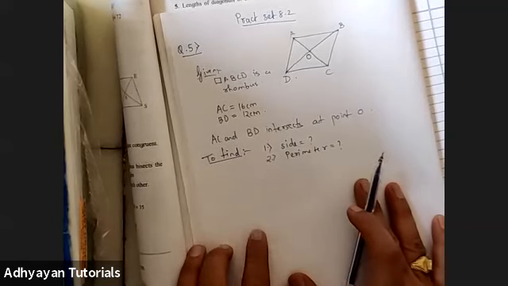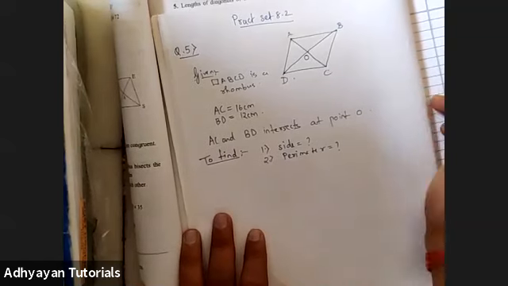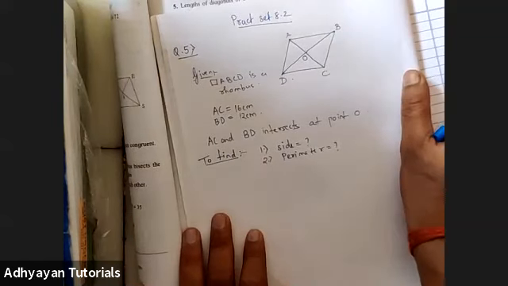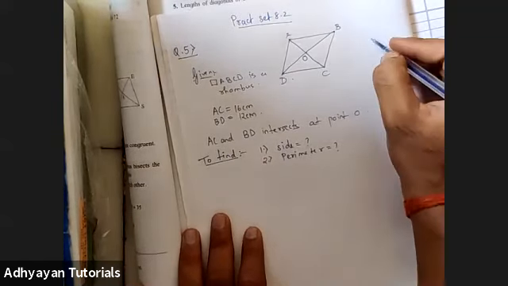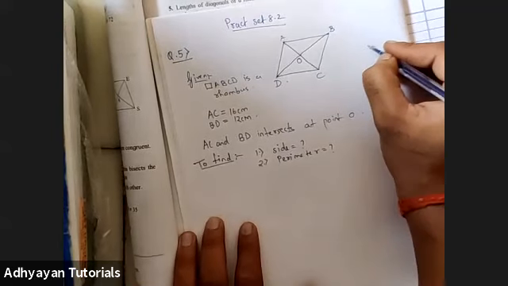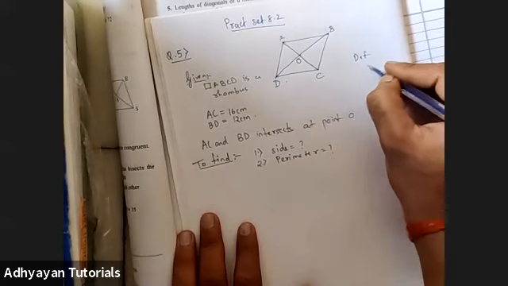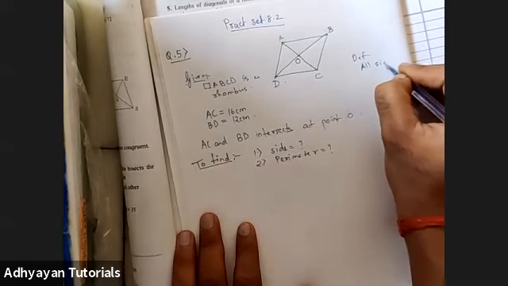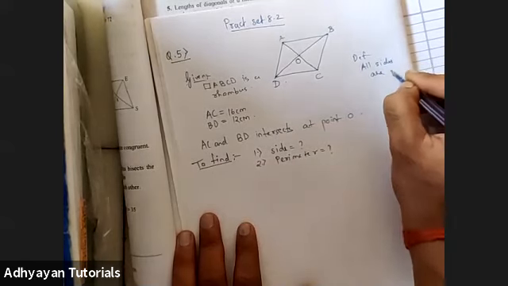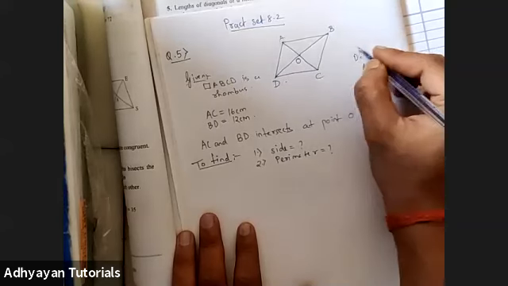I hope you all have revised those properties related to the rhombus. I'll just jot down those properties here in a short way. The first thing, as I discussed the definition, was nothing but all sides are equal, right? We have discussed this. You don't have to write it.